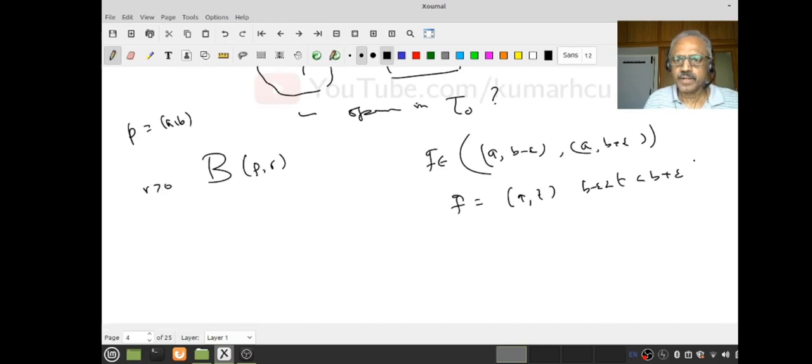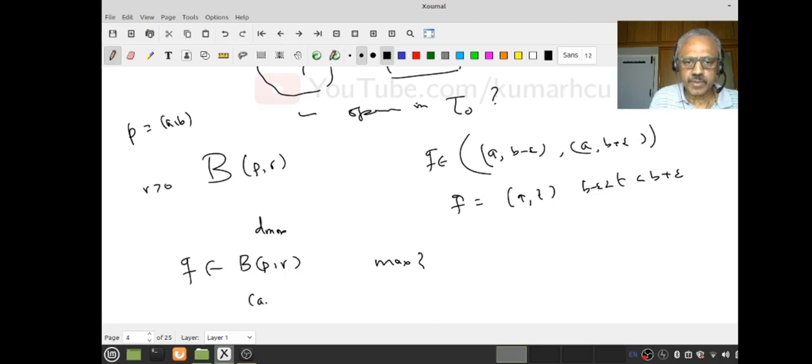Now when does q belong to B(P, r)? Let's look at the D max metric. Then that means the maximum of the distances. P is (a, b) and q is (a, t). Therefore, it is 0 or mod t minus b. That should be less than r.